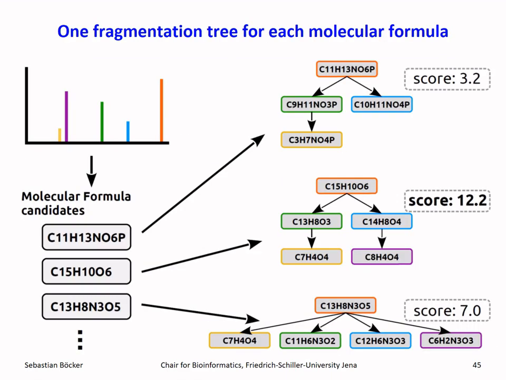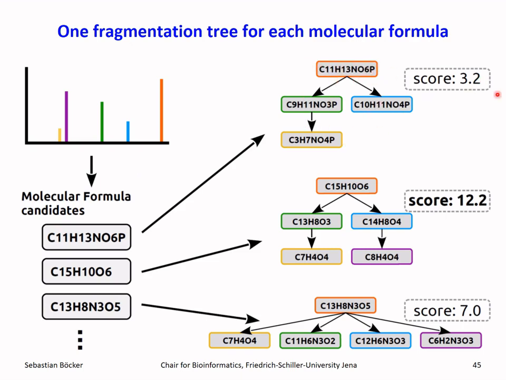But now let's rethink this a little bit. When I told you a few minutes ago how SIRIUS selects the best molecular formula, then I told you for each molecular formula candidate, for the precursor, we compute the best fragmentation tree under this precursor and we score it.